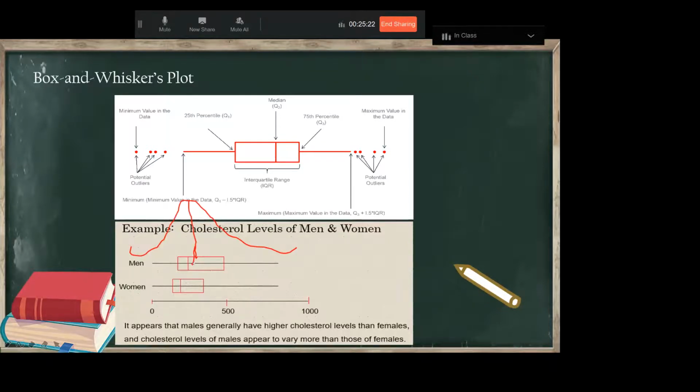So it is positive and the male has more cholesterol level and there are no outliers. So we can suggest that according to this information, male has higher cholesterol level than female. The advantage of this box plot is that it considers two variables at the same point, whereas a histogram shows only one variable.